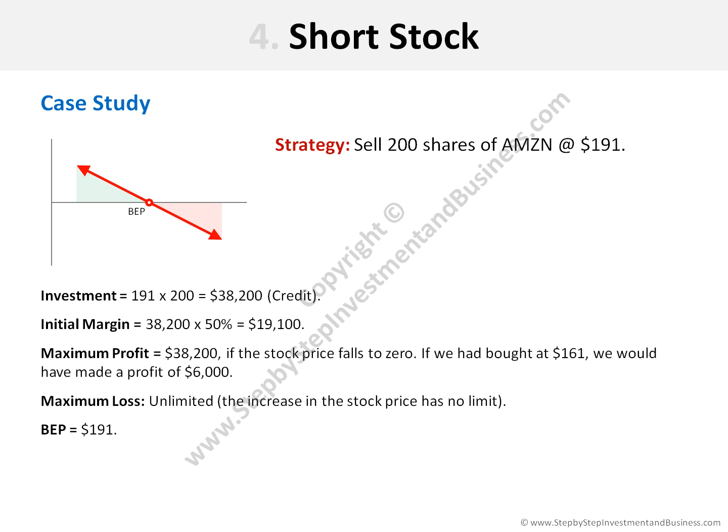That is a total of $38,200. This money is credited to our account. The initial margin required is equal to the 50% of the value of the short sale, that is, $19,100. This is the minimum amount of money that must be deposited into our account in order to open the position.